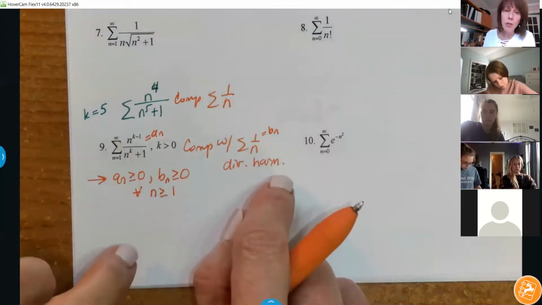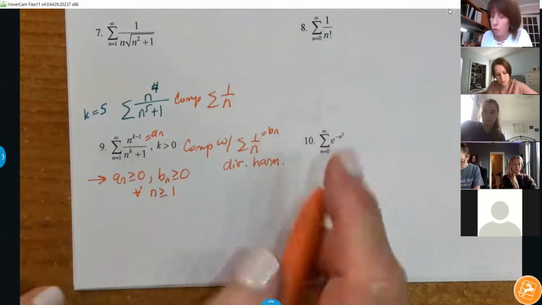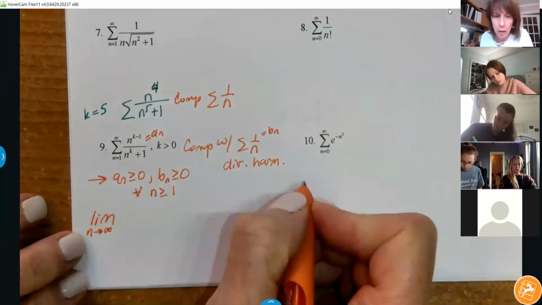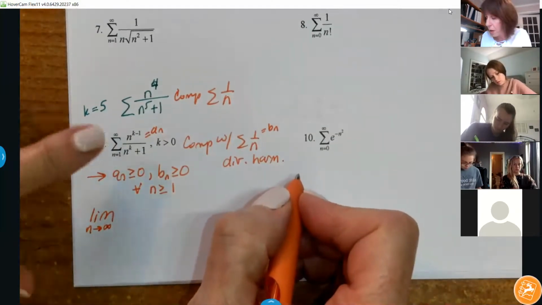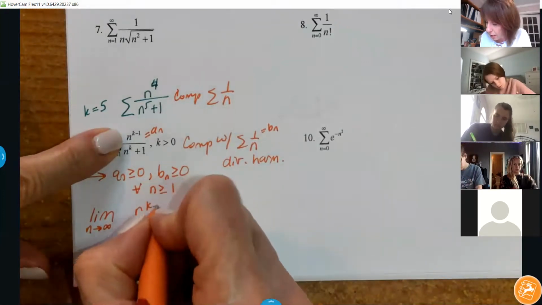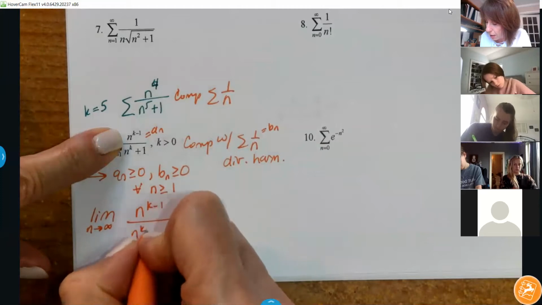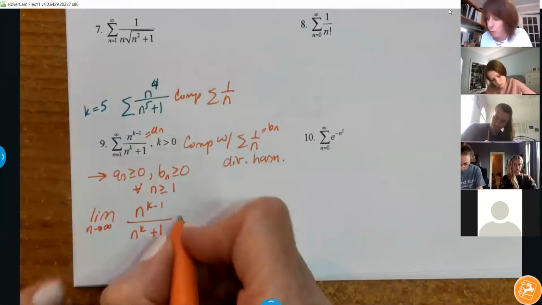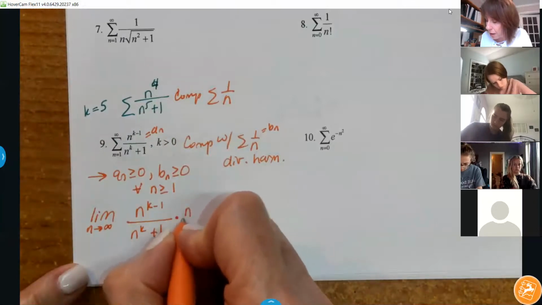So I cannot use the direct comparison test. I need to use the limit comparison test. So I'll set up the limit comparison test. I'm going to take this thing and divide it by 1 over n, which is the same thing as multiplying by n over 1.